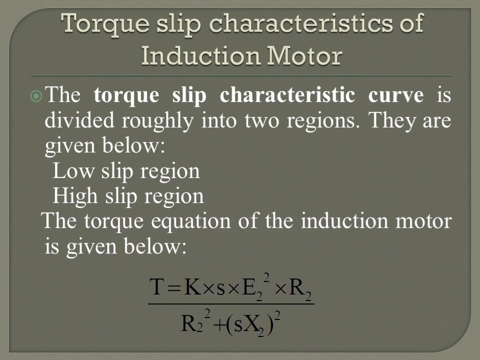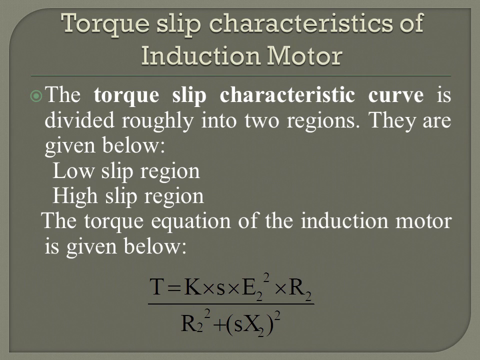Now, first we will see what we mean by the forward motoring region. As we had seen in the last slide, the value of the slip lies between 0 and 1. So the forward motoring region is roughly divided into two regions, that is, low slip region and the high slip region.